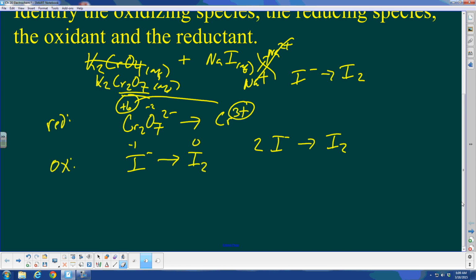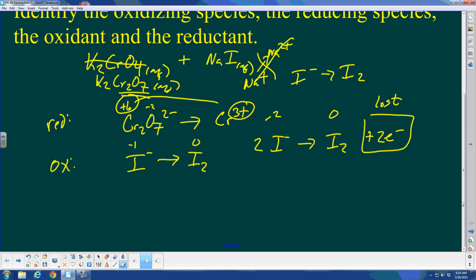Is my charge balanced? Well, right here I have 2 times -1, so that's a -2. Over here I have a 0, so I need to add 2 electrons. Notice where my electrons are: they are on my product side, meaning they are lost. So when 2 iodides become iodine, you lose 2 electrons, and that is, you got it, oxidation.